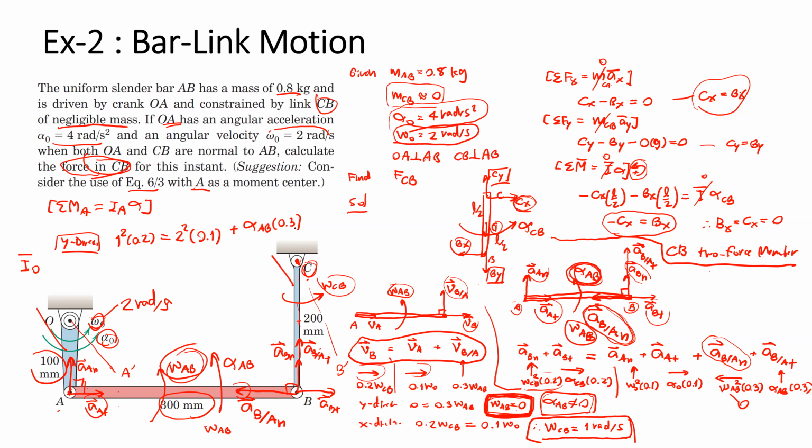Now we can solve for the alpha. Alpha AB by this is alpha AB by this, 0.2, 0.0, 0.4, and 0.3, right?